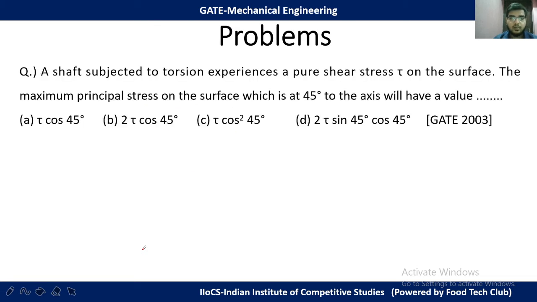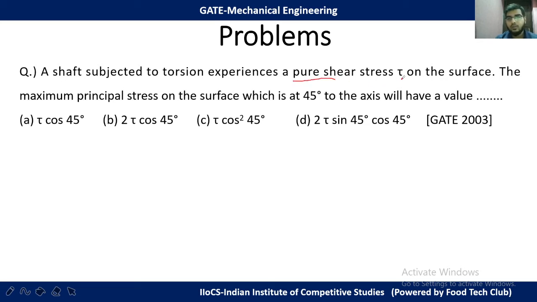Now let us see some problems, whatever has been taught. A shaft subjected to torsion experiences a pure shear stress tau on the surface. The maximum principal stress on the surface, which is at 45 degrees to the axis, will have a value. So we can see that here a pure shear stress acts.